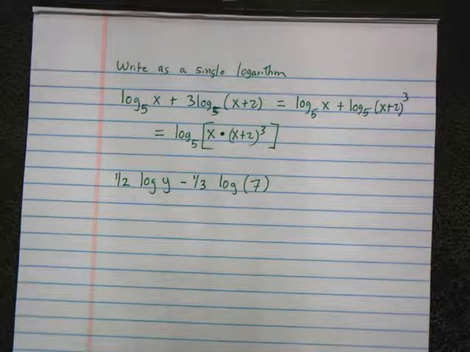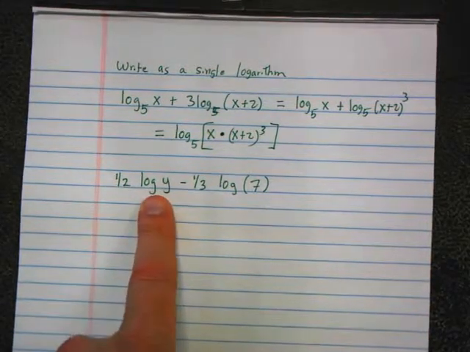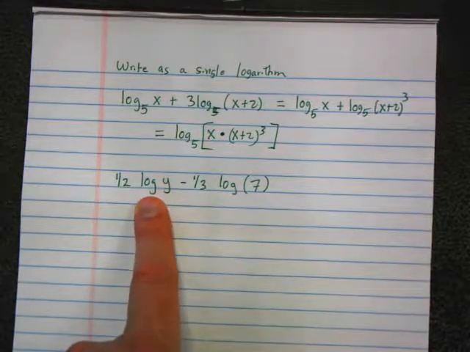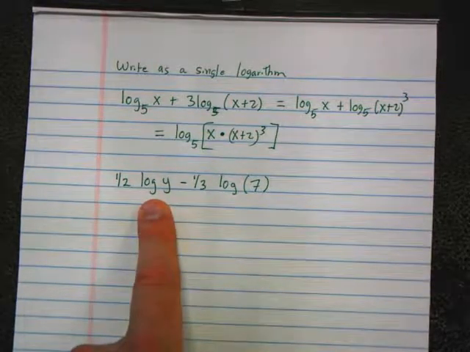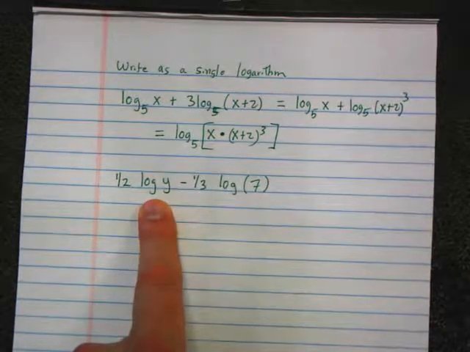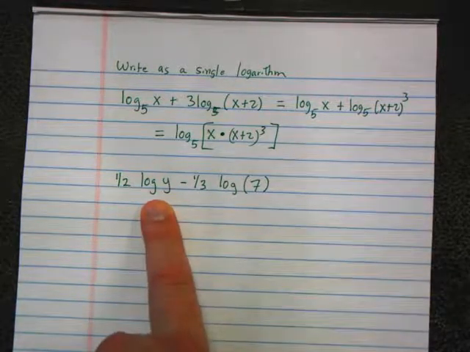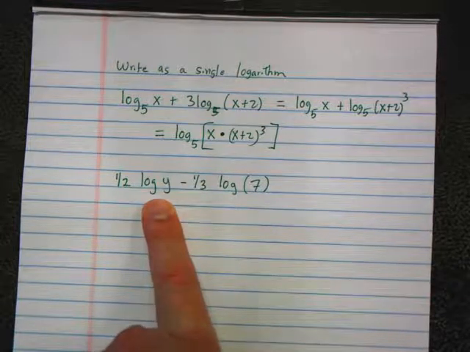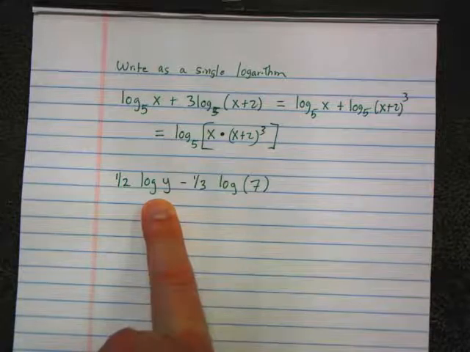So first off, I didn't put any base, did I? I just wrote log. If I write just log, what's the base again? 10. This is known as the... No, that was the other one. ln was the natural log. This is called the common log, log base 10.